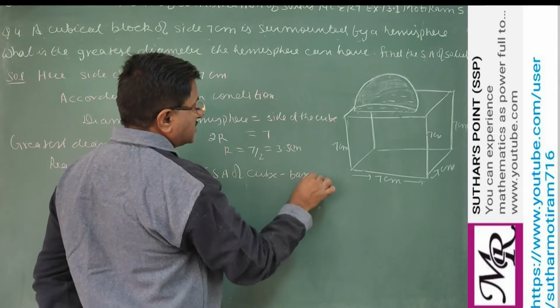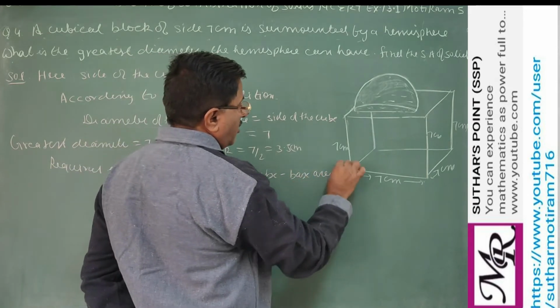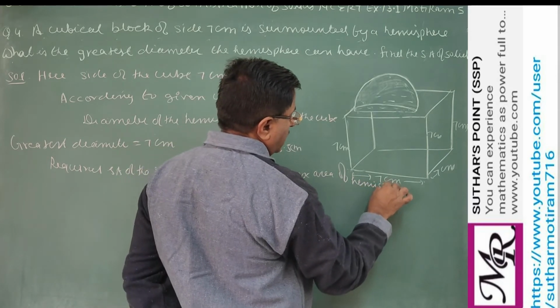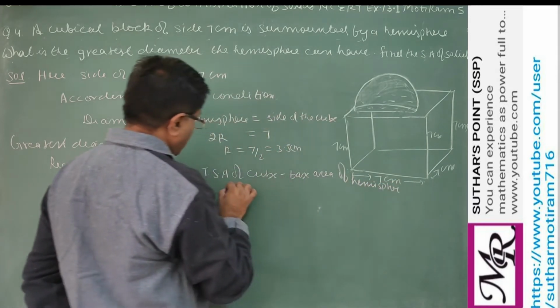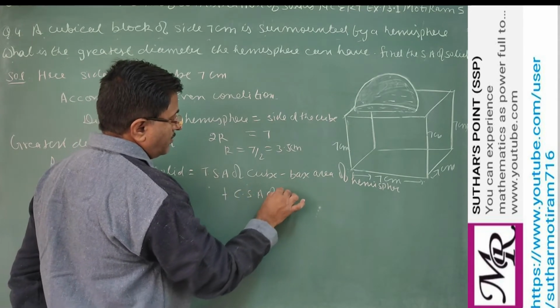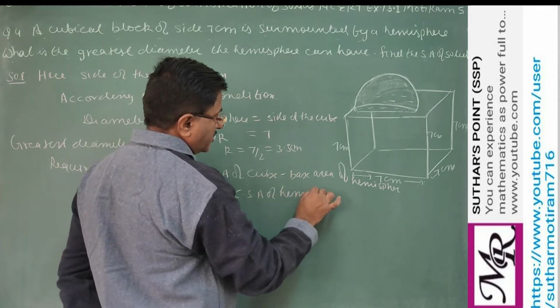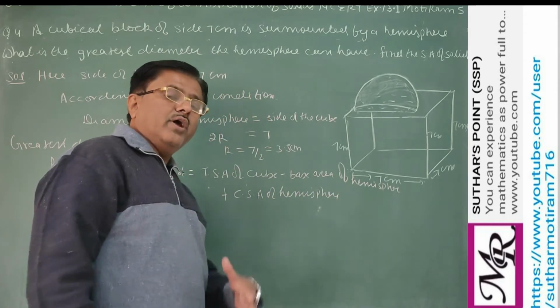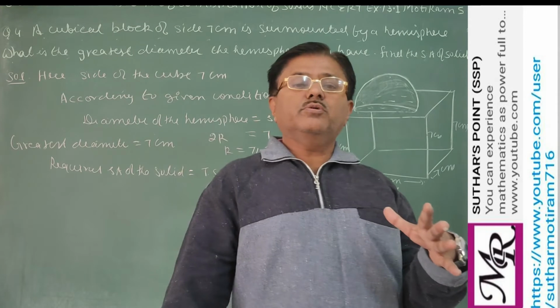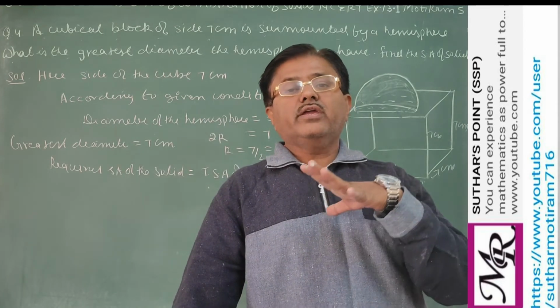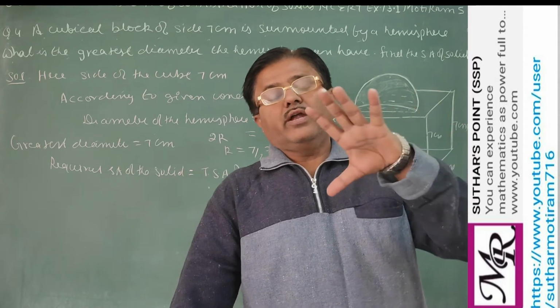These three we have to take. That should be very clear: when we are finding the total surface area, you should know which region is common. That we have to subtract.